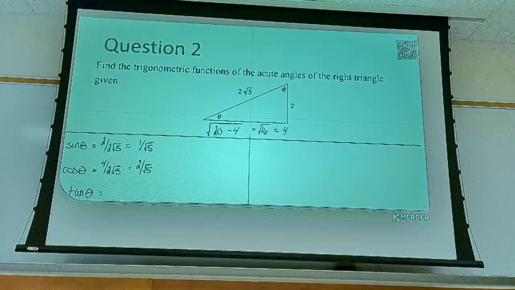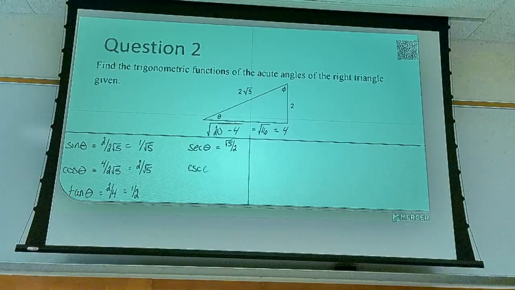Opposite, that's 2 over 4. You get 1/2. Secant. Square root of 5 over 2. Cosecant. Square root of 5 over 1, or just square root of 5. Cotangent. 2.